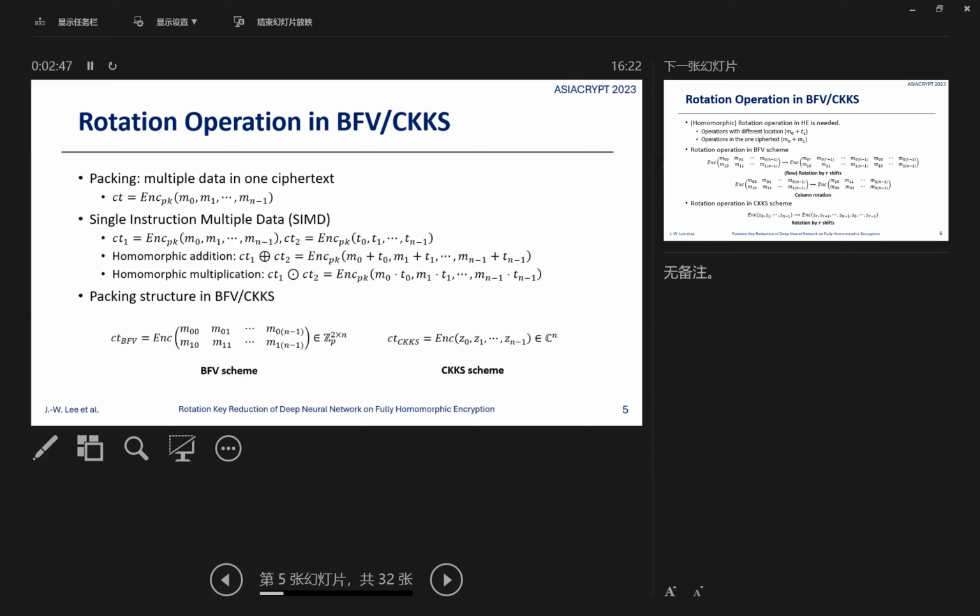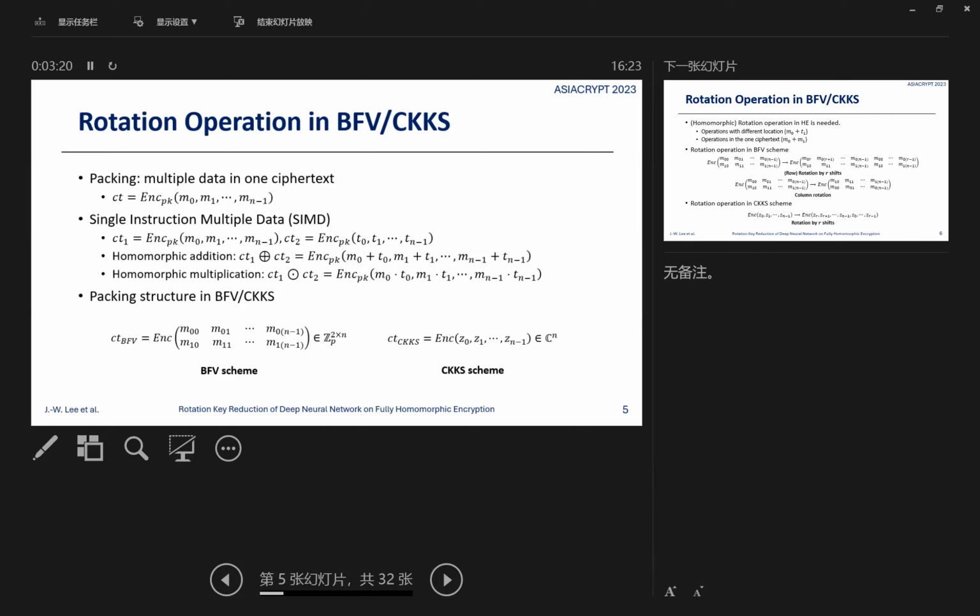And another important characteristic in this scheme is the single instruction multiple data, the SIMD. The SIMD means that if we perform a homomorphic addition or multiplication, then the whole data in the ciphertext is simultaneously added and multiplied with this one homomorphic addition or multiplication.